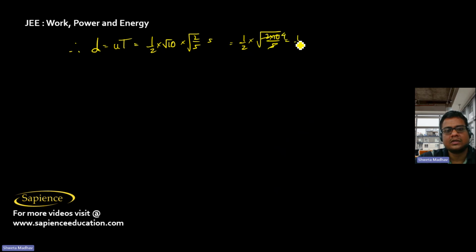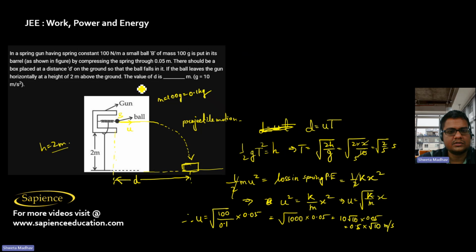So u is half into root 10, into root over 2 by 5 seconds. So this will be 1 by 2 into root over 2 into 10 by 5. So this is 5 fours are 20, so half into 2, that is 1 meter. So 1 meter is the distance d. So 1 is the answer.